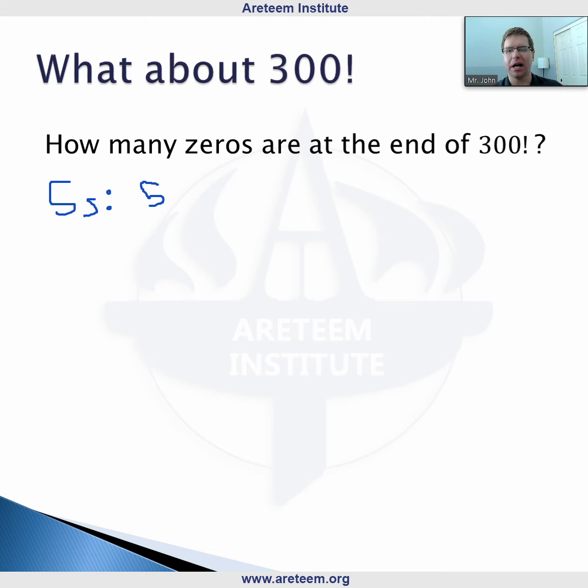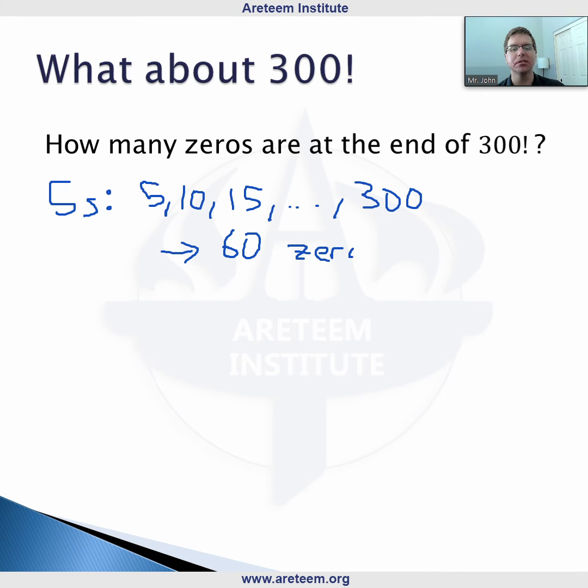We have the number 5, we have 10, 15, 20, 25, and this is going to go all the way up to 300. 300 is a multiple of 5, and because 300 divided by 5 is 60, we can see that there are 60 5s in this case. And this will give us 60 zeros looking at just all the multiples of 5 here.